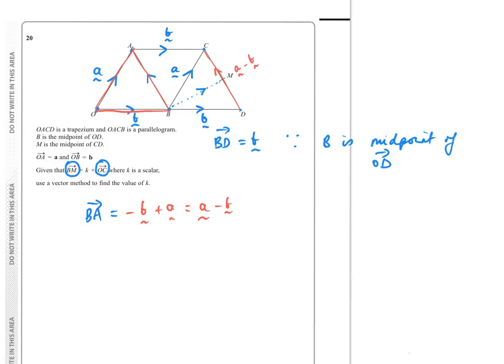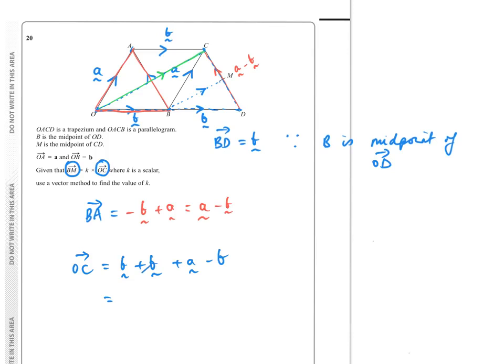So I can put that in. So we're going to be lucky now, we can find O to C straight away. If I want to go from O to C, I can just go this journey here: b plus b plus a minus b. And that was the journey O to C.